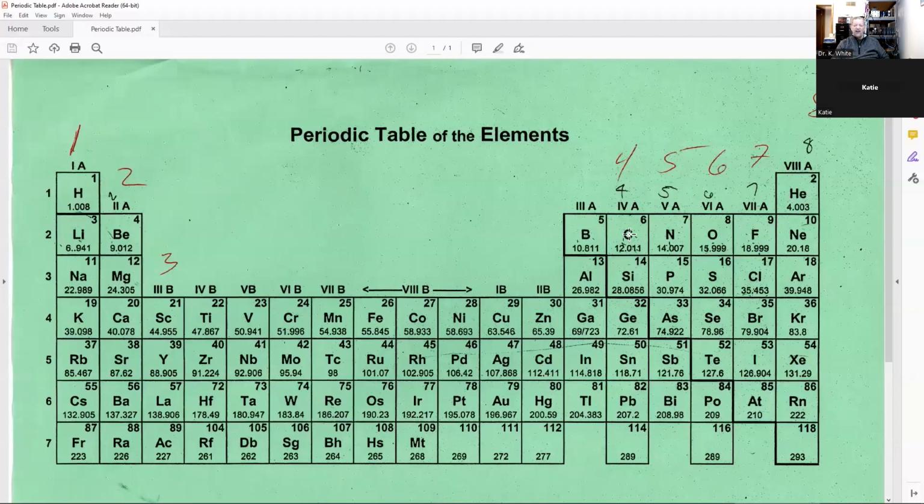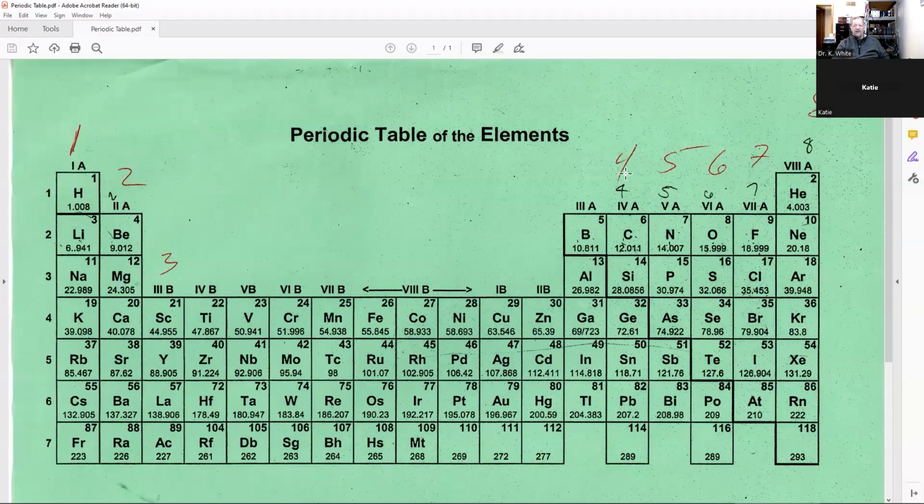Now, we want the valence electrons. That's not the atomic number. The atomic number shows me all the electrons. Carbon has 6, but the valence electrons, the outermost electrons, you look at the top. Now, most students nowadays don't know IV is Roman numeral for 4.